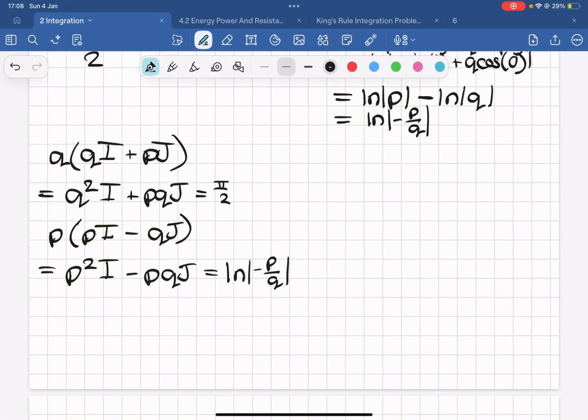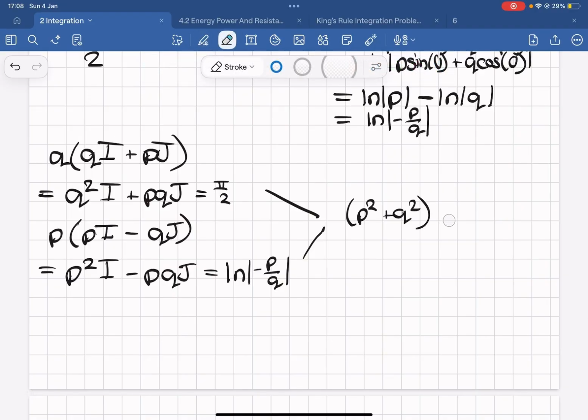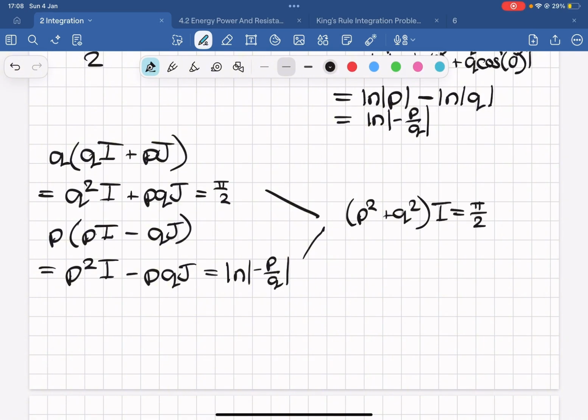Now, with our newly formed equations, we can simply sum these two. So if we sum them, we have p squared I plus q squared I, and pqj minus pqj is 0, so they just cancel. Then on the right hand side, simply adding the terms.